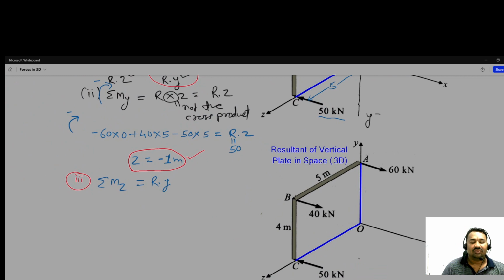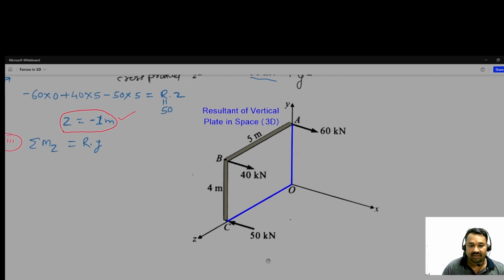Now see, moment about z. For that, what do we have to do? This 50 kilonewton force is acting at C but lies on the z direction, and the moment is about its own axis. That's why there will be no perpendicular distance.